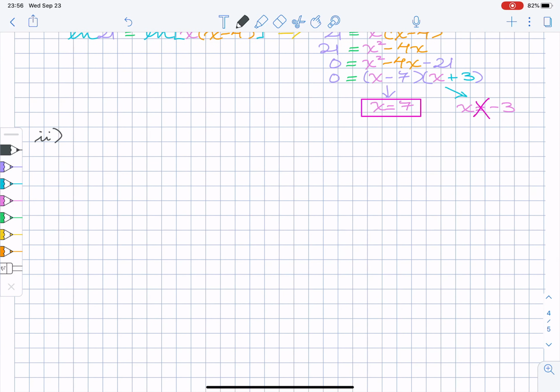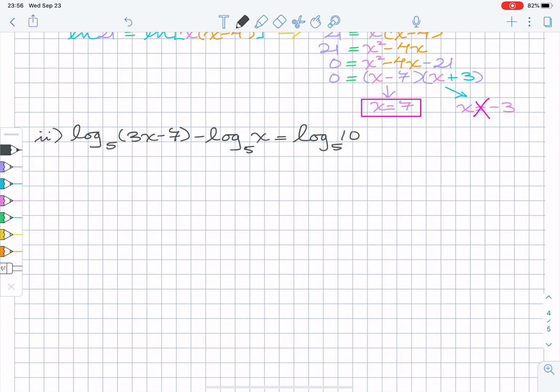Okay, so number 2. Let's say we have log base 5 of the quantity 3x minus 7 minus log base 5 of x is equal to log base 5 of 10.